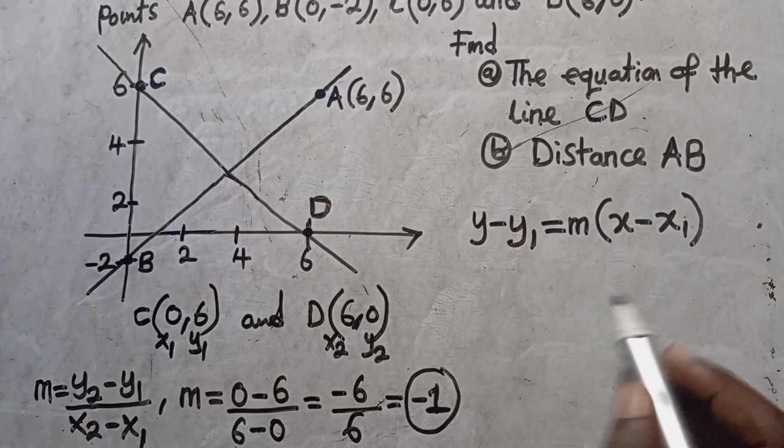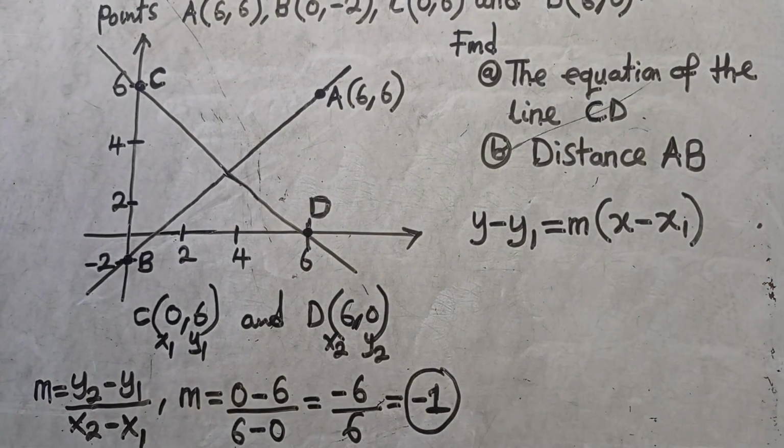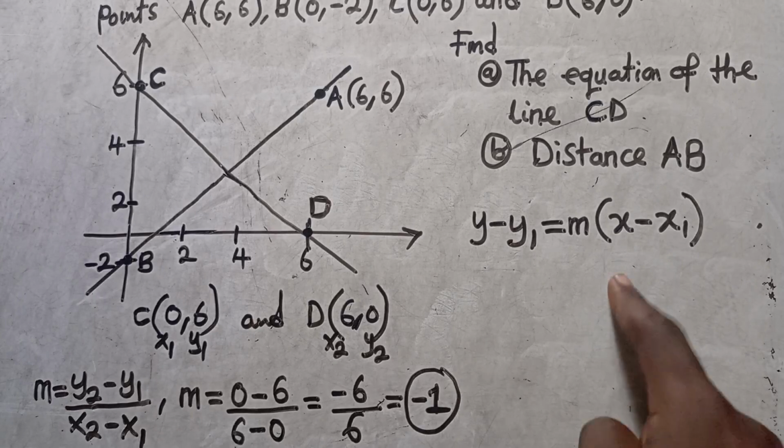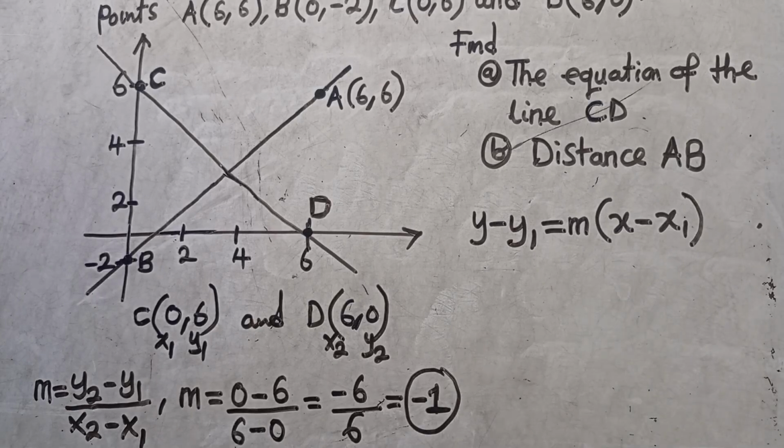This is what we call the general equation of all straight lines. There are two forms. I like using this one, and I'm going to use this particular one. If you are used to the other one, you can use that one, because by the end of the day, we need to have the same answers.